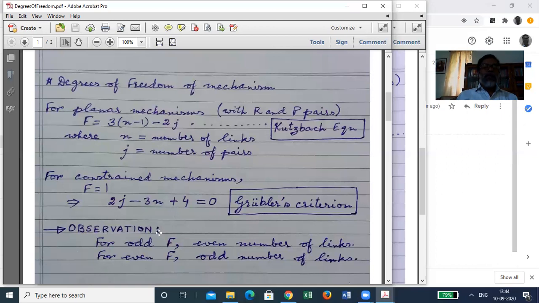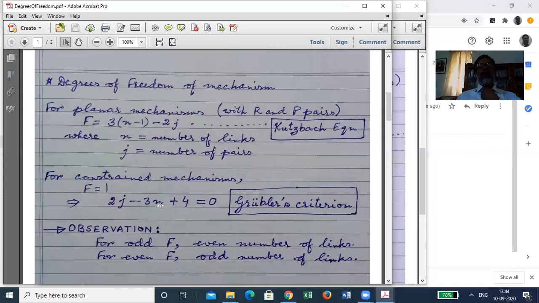now observe this. In a single degree of freedom mechanism, if this is going to hold as a condition between number of pairs and number of links, j and n, then in this equation, this 2j number is obviously even, 4 is obviously even, and for this condition to hold, 3n has to be even, and 3 is odd, so n has to be even.